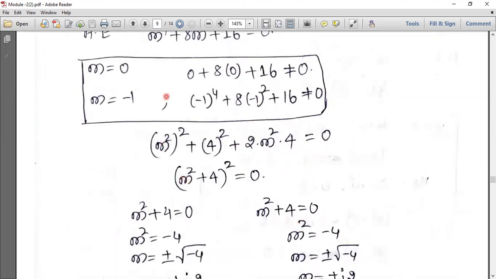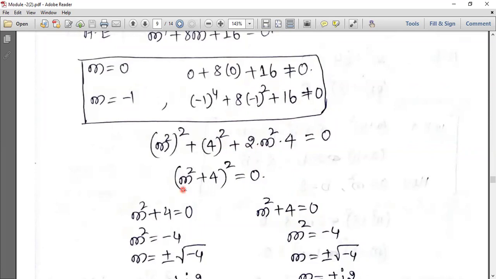So what I had done is here a square plus b square plus 2ab. The formula is a square plus b square plus 2ab. If you are in confusion with this, better you go for synthetic division. So this a square is m square, plus b square is 4 here, plus 2ab.